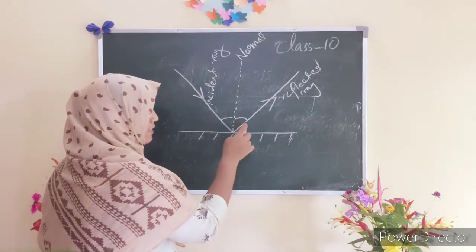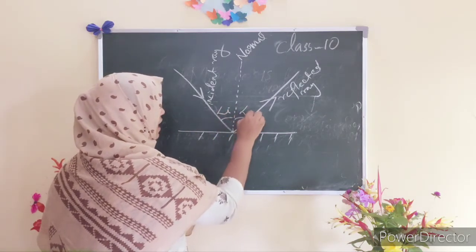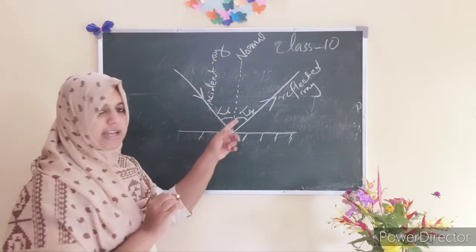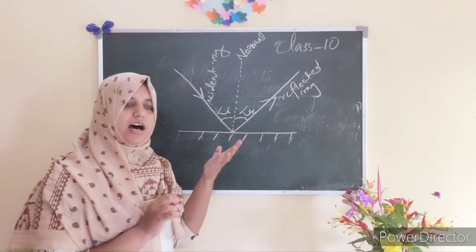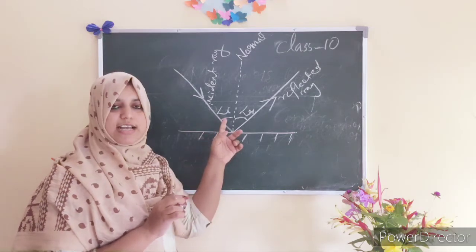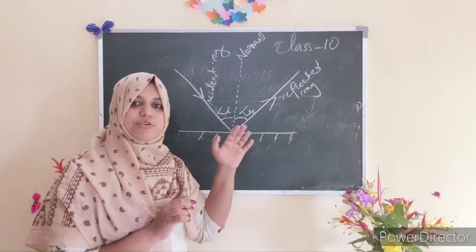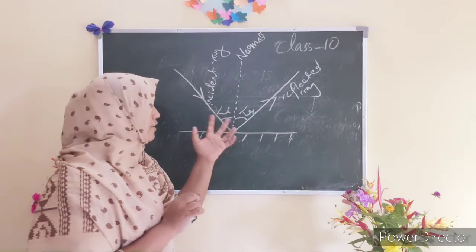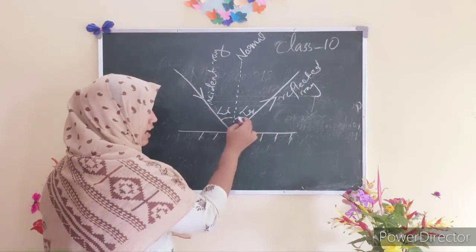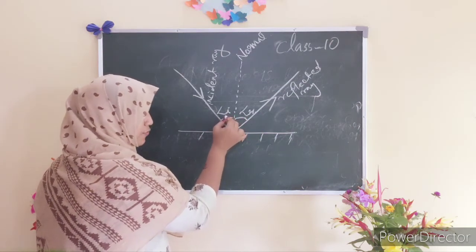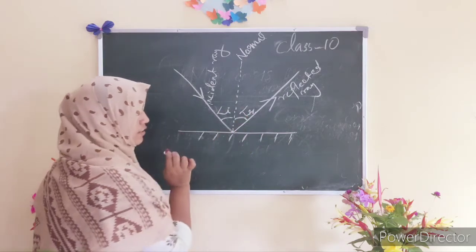Here we have created two angles, angle I and angle R. What are angle I and angle R? The first angle is the angle of incidence and the second one is the angle of reflection. Read angle I as angle of incidence and angle R as angle of reflection.